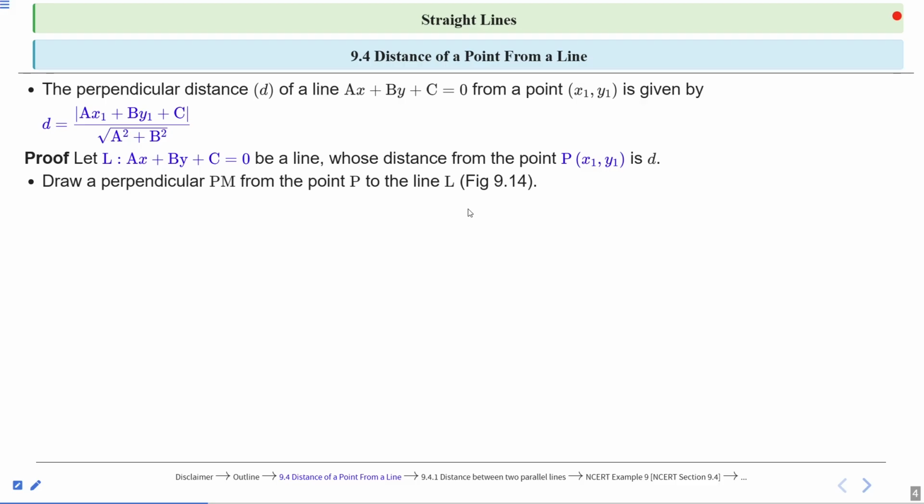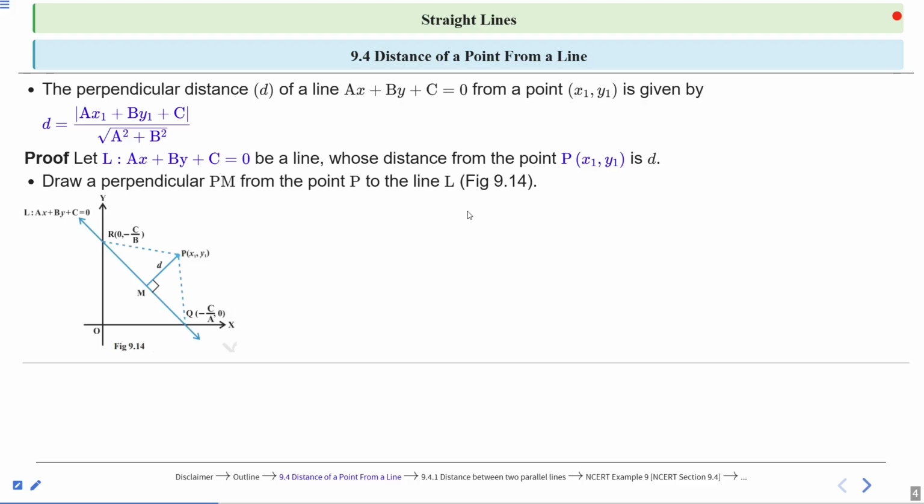Now look at figure 9.14. This is the given line L, with ax + by + c = 0, and we have to find the distance of the line L from the point P (x1, y1).